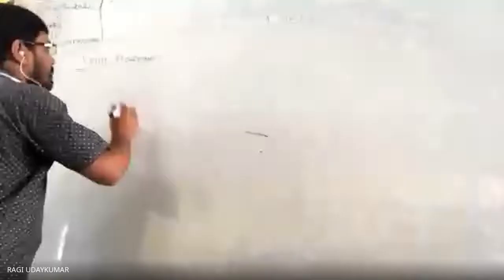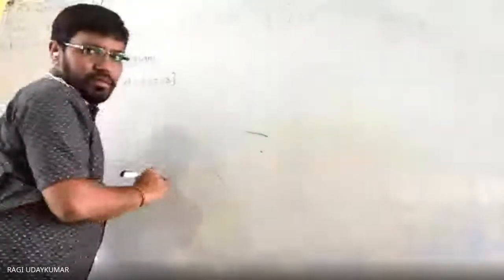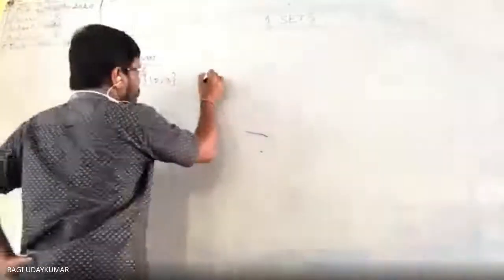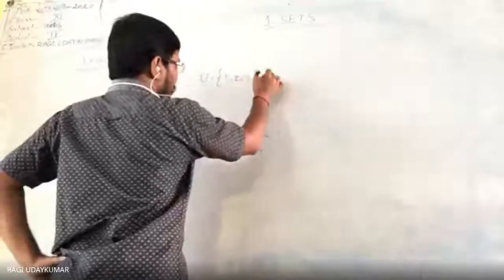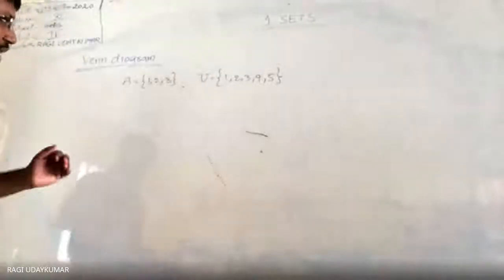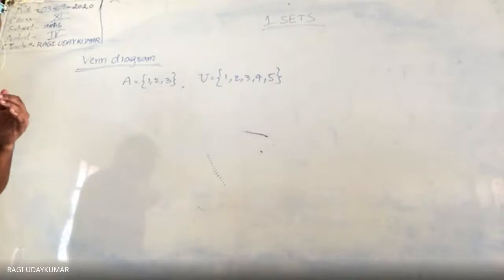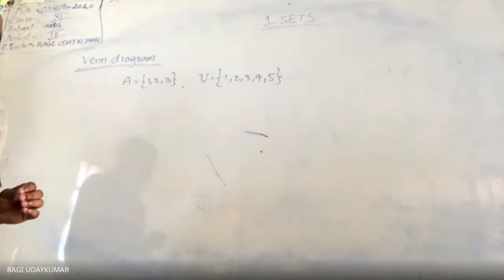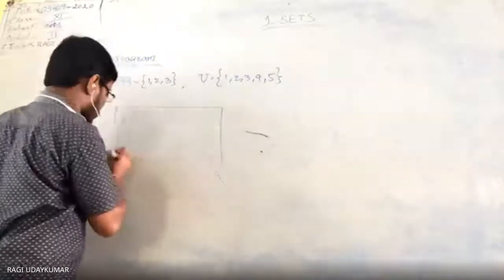Take any set A containing the elements 1, 2, 3. This set is a subset of the universal set 1, 2, 3, 4, 5. To write this in a Venn diagram, the universal set is usually written in a rectangular shape.